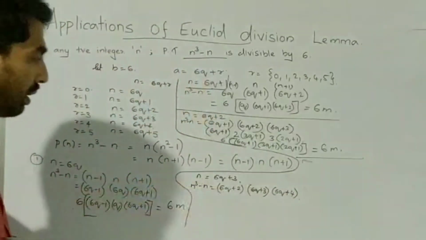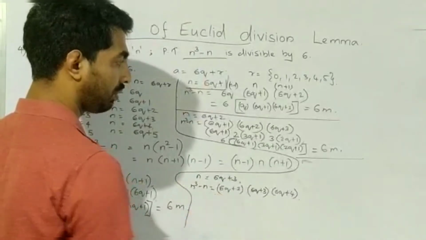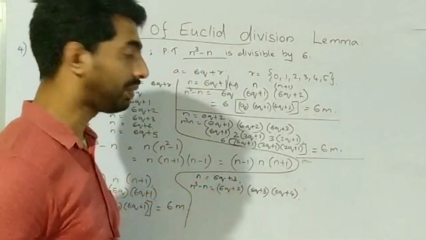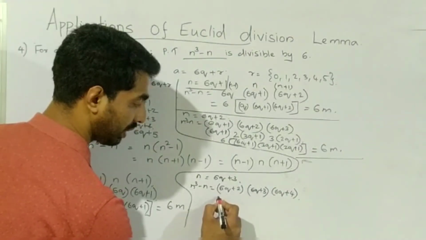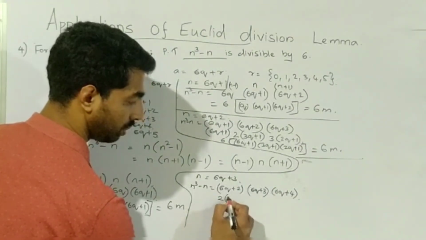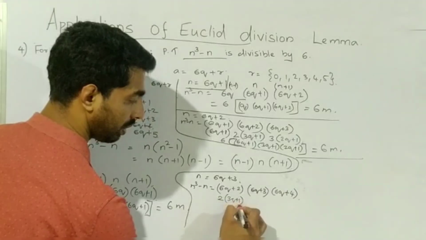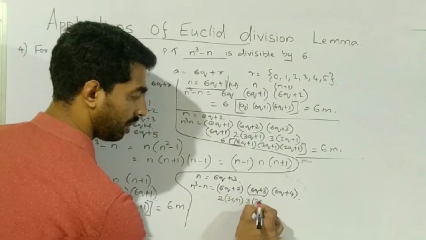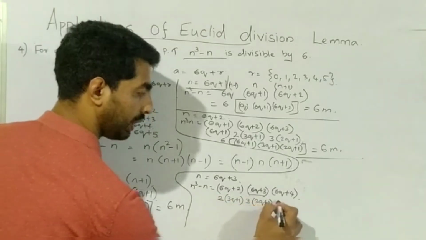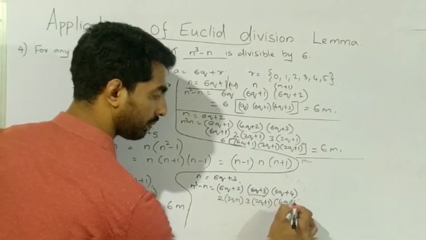So again, how can we take 6 as a common factor here? Again, 6q plus 2, what is the common factor here? Yes, 2, (3q plus 1). Into, what is the common factor here? Yes, 3, (2q plus 1). Into 6q plus 4.